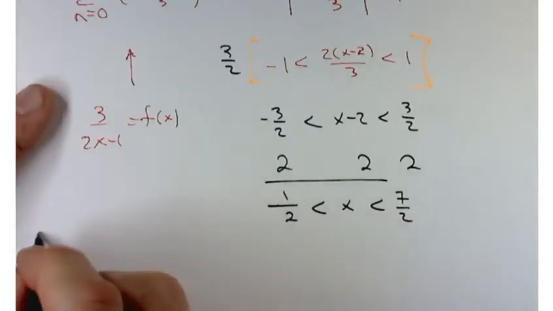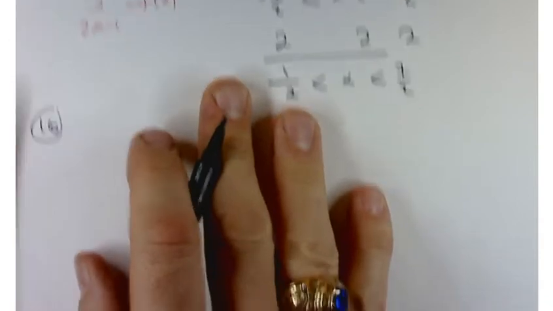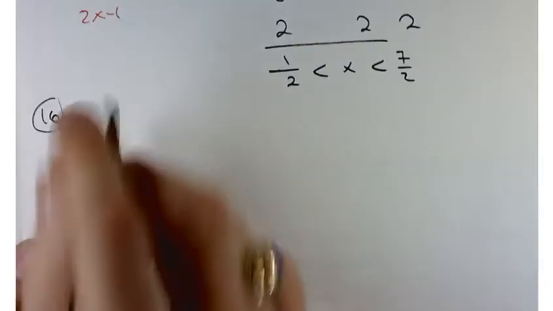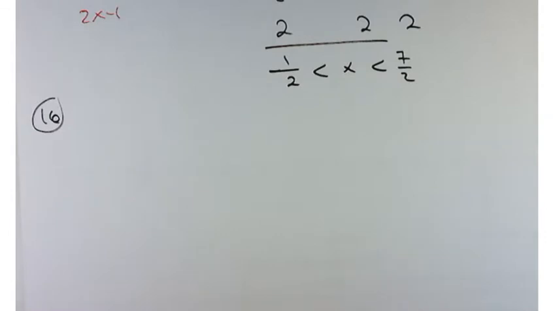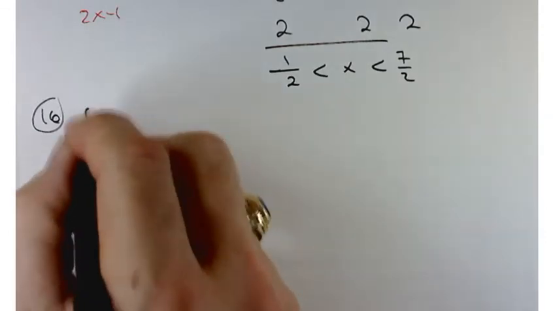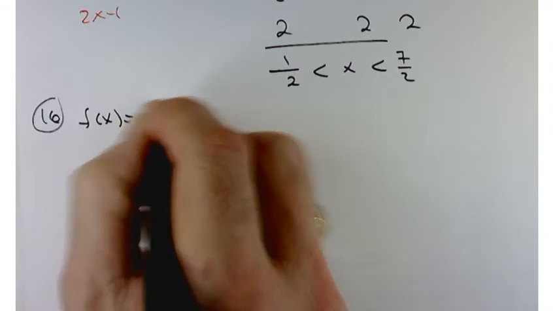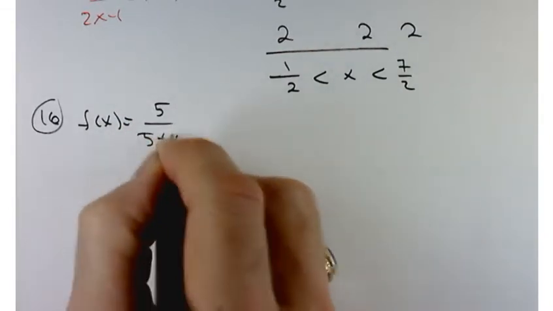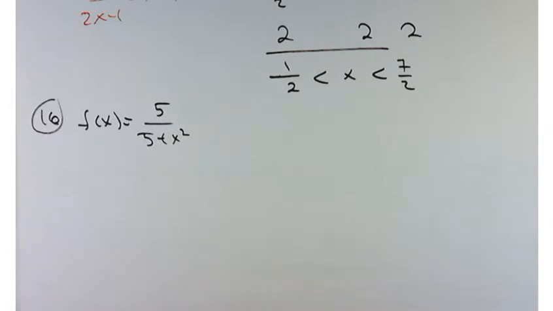Problem 16. F of x is 5 over (5 plus x squared). Okay. So we're going to play the same game that we did last time.